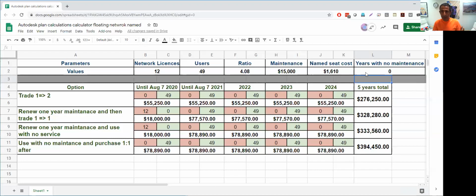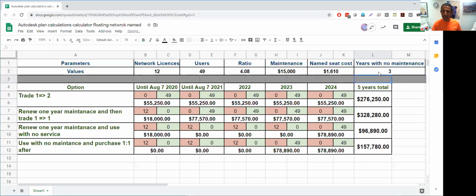But if it's not like that, let's say 1 year, for example, 1 year doesn't change the picture at all. So still, the Autodesk offer is the best. If we go for 3, definitely you should consider other options. Let's test 4. With 4, definitely, this one is extremely cheap for 5 years. So yes.